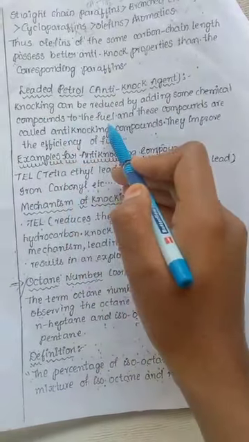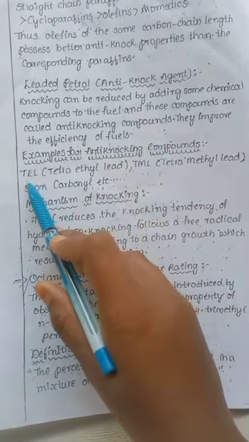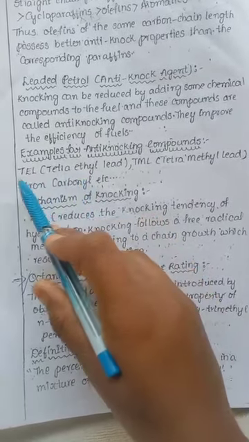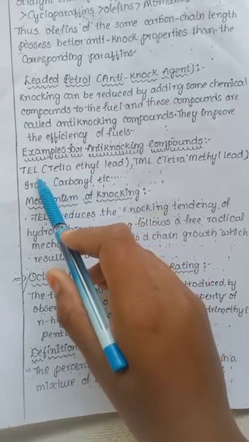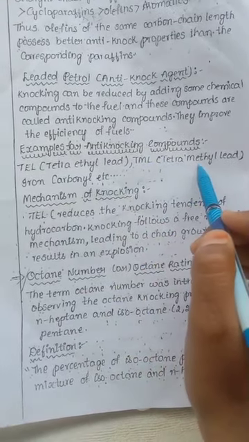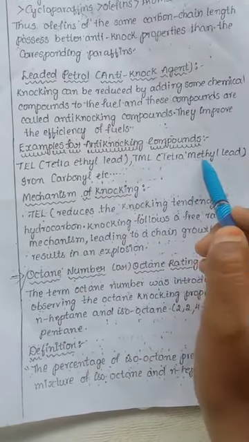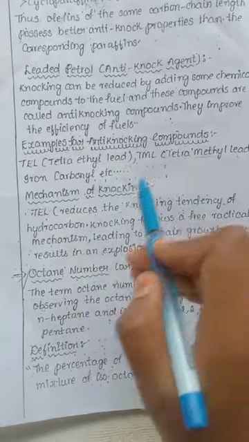They improve the efficiency of the fuel, and such fuel is known as leaded petrol. Examples of anti-knocking compounds are TEL, tetraethyl lead, TML, tetramethyl lead, and iron carbonyl.